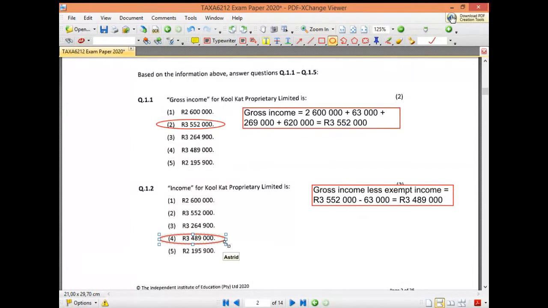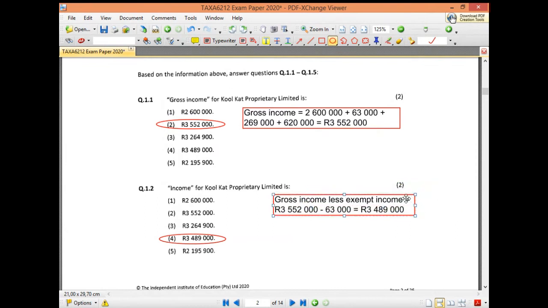Okay, so you see how you have to work the steps. If you don't know what the different terms are, and let me just write here, this is income, just for your reference, you would actually struggle to do these questions.